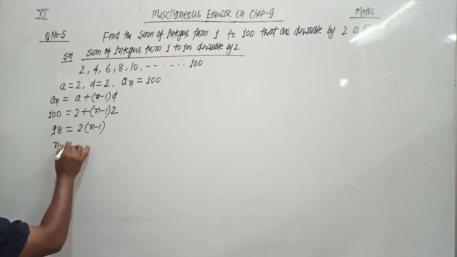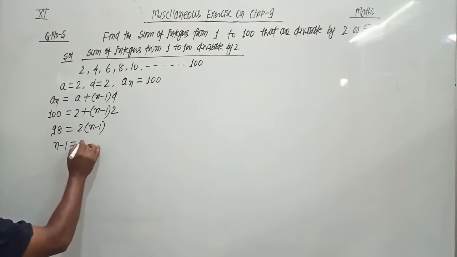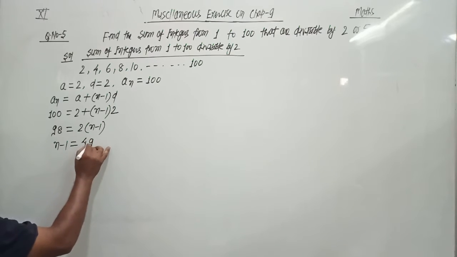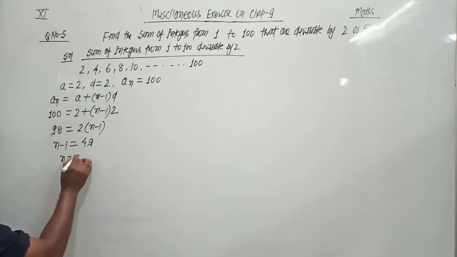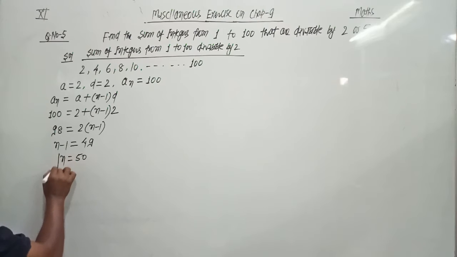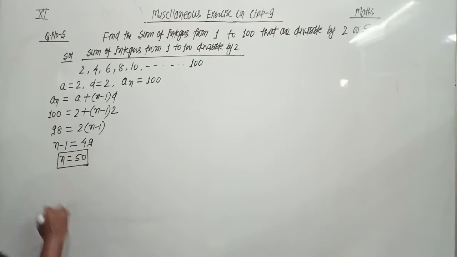The value of n minus 1 is 98 by 2, that is 49, and n equals 49 plus 1, that is 50. So the total number of terms from 1 to 100 that are divisible by 2 is 50.